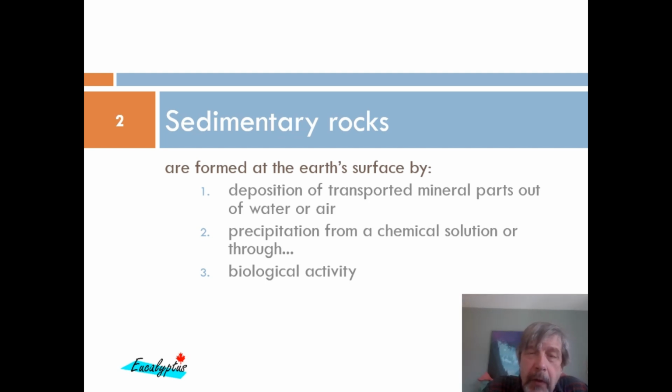And then we can drop off things like salt, NaCl, rock salt. Or we can create potash. Okay, and then the third way of forming deposits is through biological activity. Animals that grow together and form, say, a colony, like reefs.